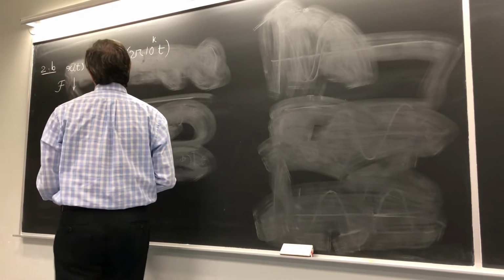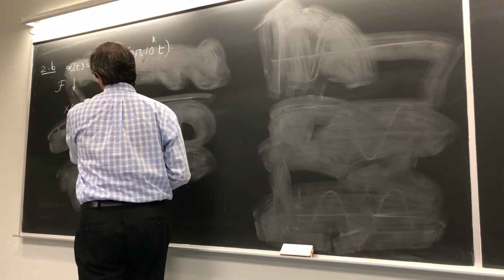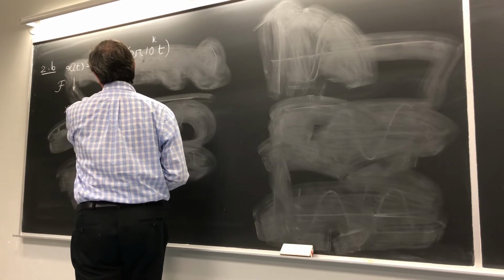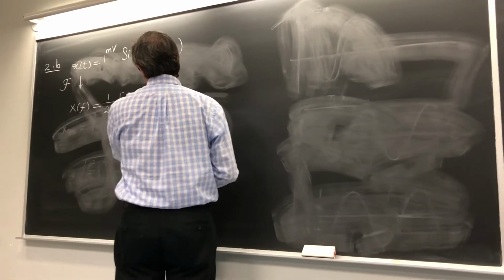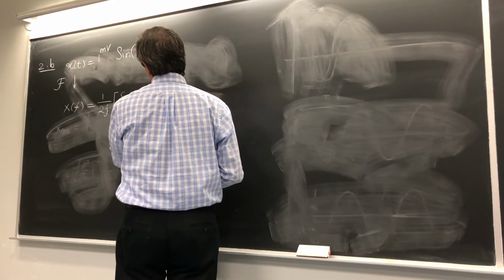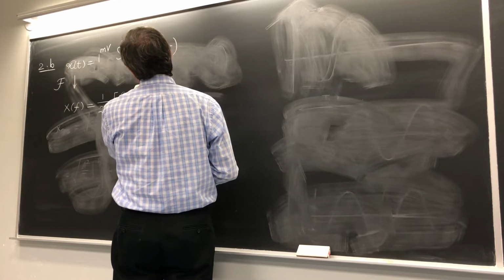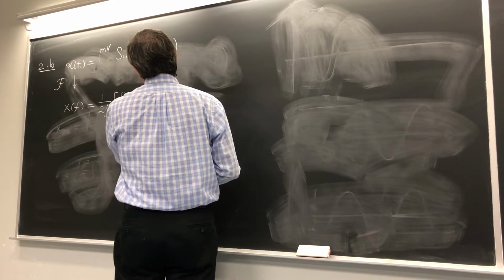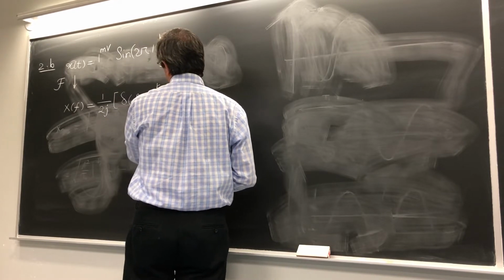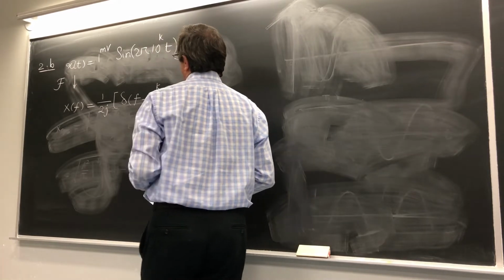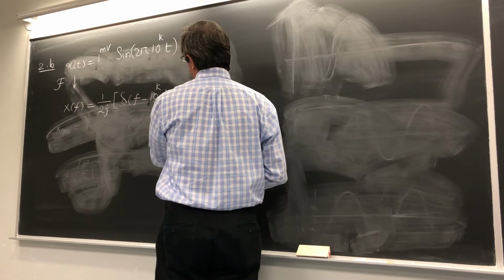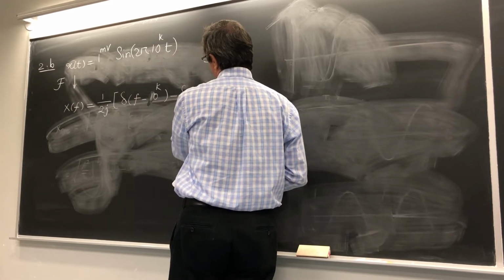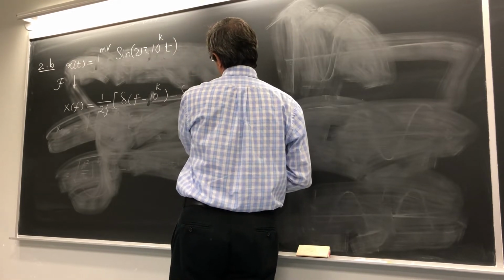X of f equals 1 over 2j times delta function of f minus f naught, which is now 10k, minus delta of f plus 10k.